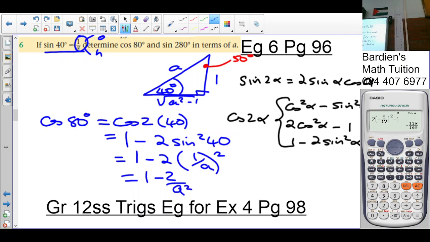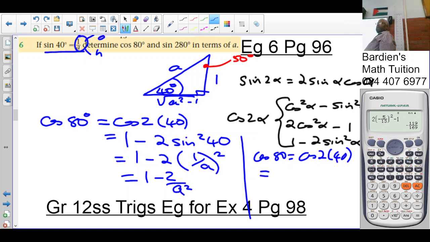What if I had gone with the other one? What if I had said cos of 80 is equal to cos of 2 times 40, and I went with the other one? Okay? So remember, this could have also been written as a squared minus 2 over a squared. So if I get that, or that fraction, both would be correct.